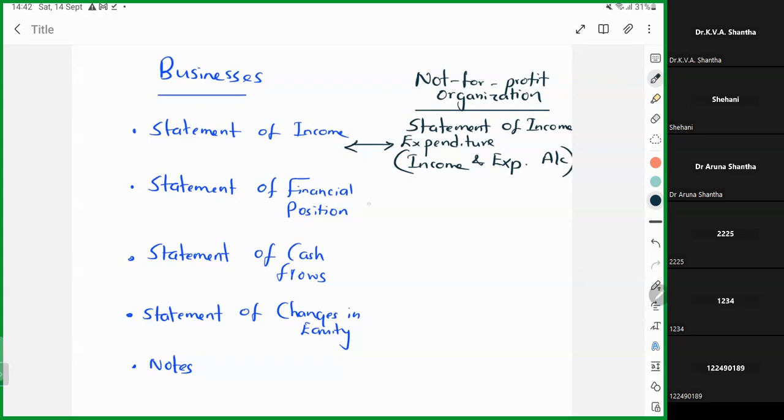Then the statement of financial position. Similar to businesses, not-for-profit organizations prepare a statement of financial position.